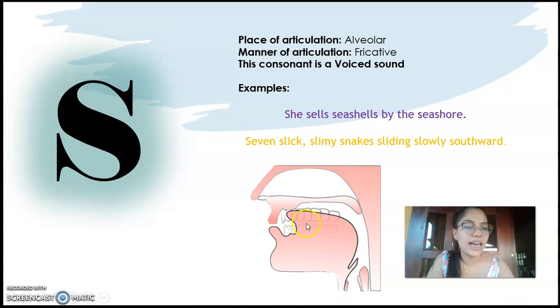So for this pronunciation, the tongue is behind the front teeth and the airflow is pushed through a small opening. An example could be: she sells seashells by the seashore.